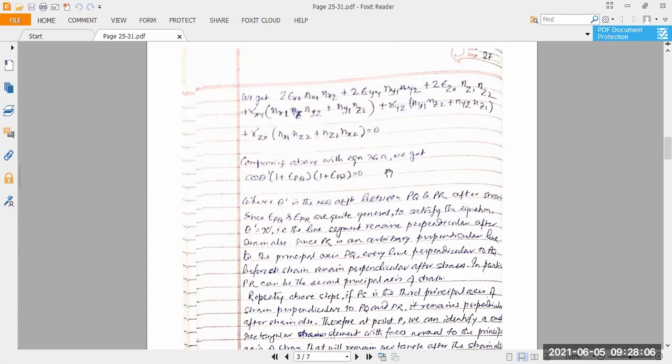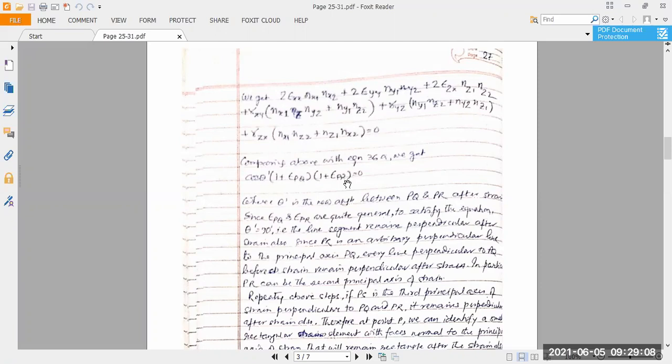Now, if we compare this equation with our earlier equation 63, then cos theta dash will be 1 plus epsilon PQ and 1 plus epsilon PR, and epsilon PR itself is equal to 0, where theta dash is the new angle between PQ and PR after the strain, both of which are under strain.